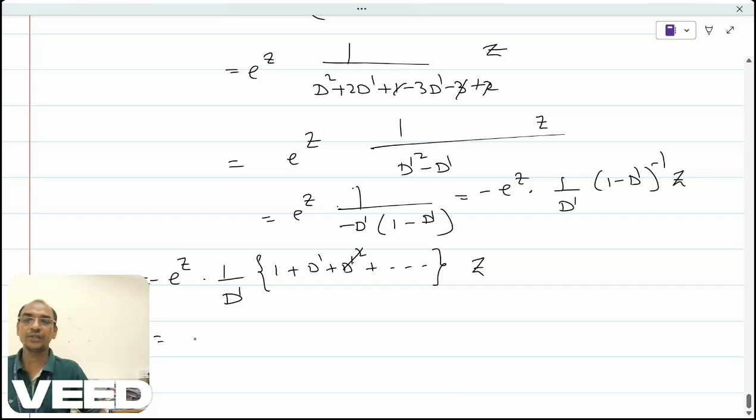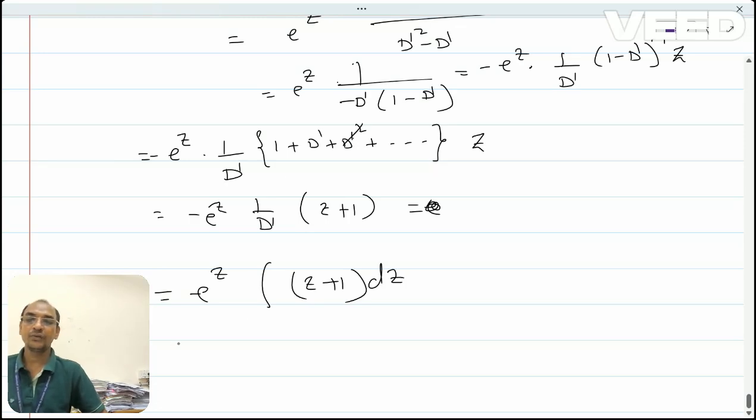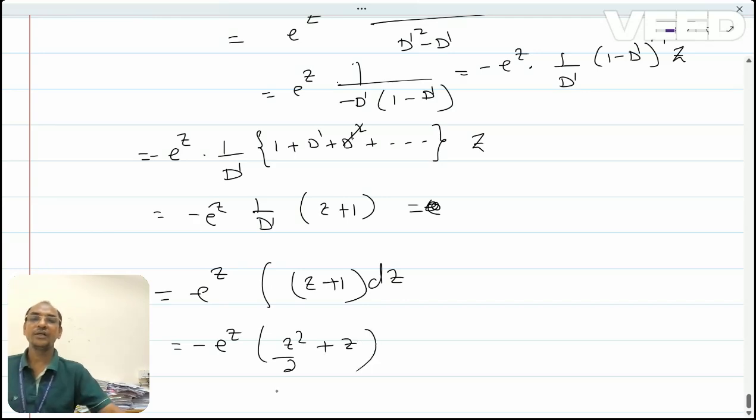And so we will have minus e^z 1 by D' (z + 1). And this is equivalent to, 1 by D' means integration with respect to z. So minus e^z integration of (z + 1) dz, which gives minus e^z (z^2/2 + z).